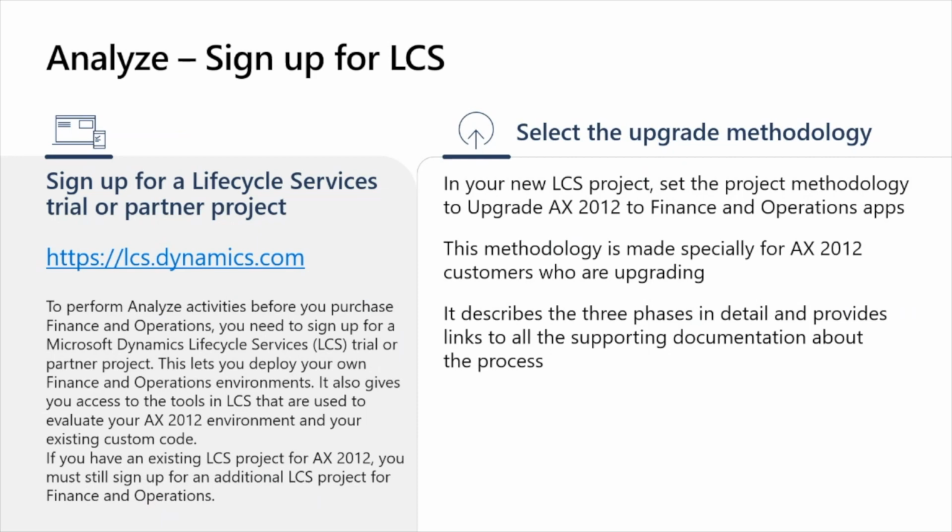When you create the project, you want to make sure that you select the right methodology. Creating a project gives you an option for different methodologies. I'll show you a screenshot of that in the next slide. But you want to make sure that you select the upgrade AX2012 to finance and operations apps upgrade methodology. If you pick the wrong methodology, that's something that can be changed later.